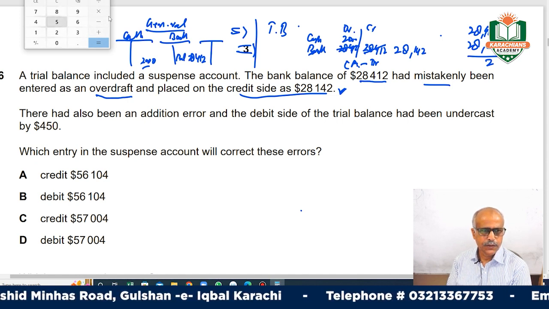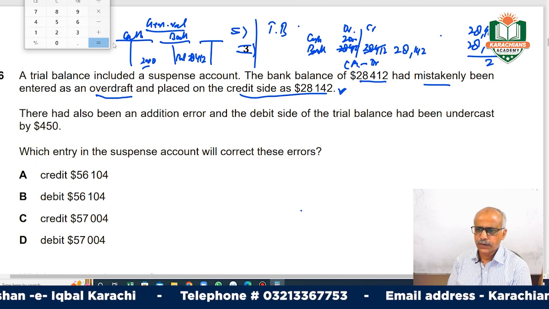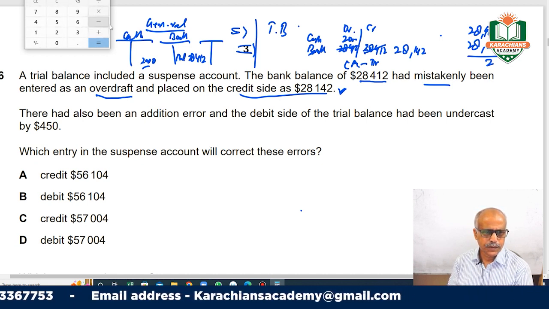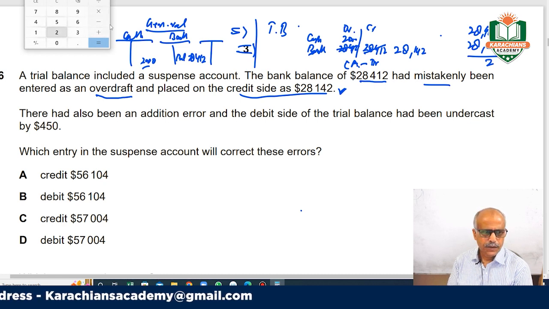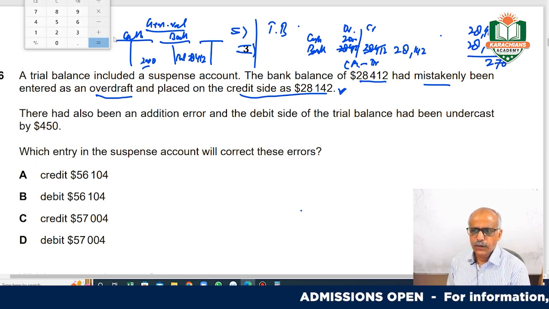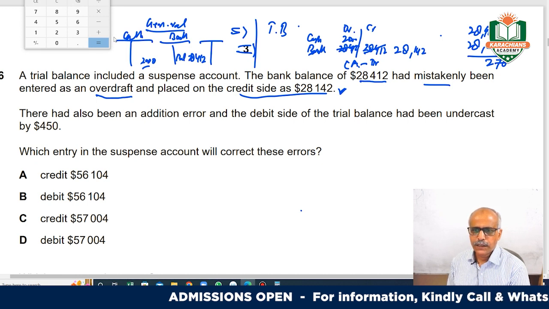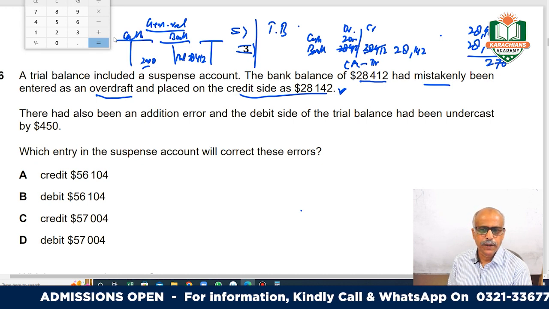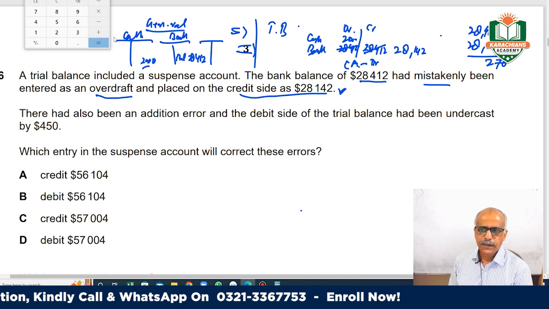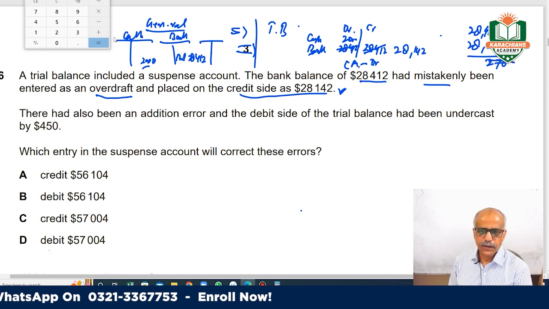Another mistake, meaning 28,412 minus 28,142, 270. You missed it. It is not duplicating, only the double: one side this error, other side this error, right? There is still a difference, right?